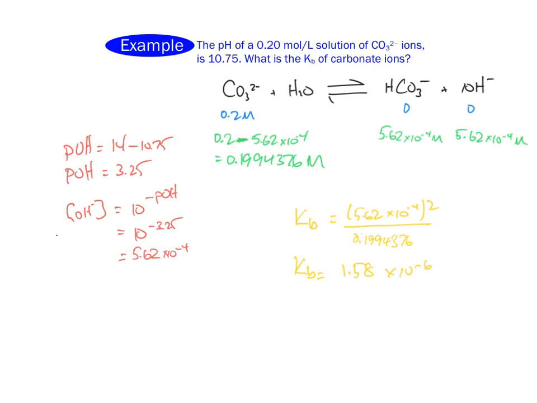And I see I'm missing a unit here that should be moles per liter. And that number, of course, transferred over to the concentration of hydroxide ions. And it's the same thing here because of the 1-to-1 molar ratio for the products. And that also was the same number that we subtracted from 0.2 for the final concentration of the carbonate ions. And then we use those concentrations written in green to help us find the value of Kb, which was 1.58 times 10 to the negative 6.